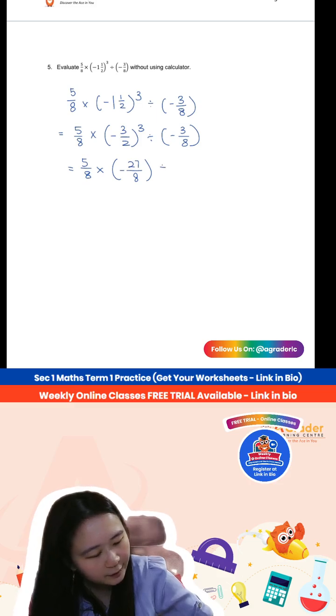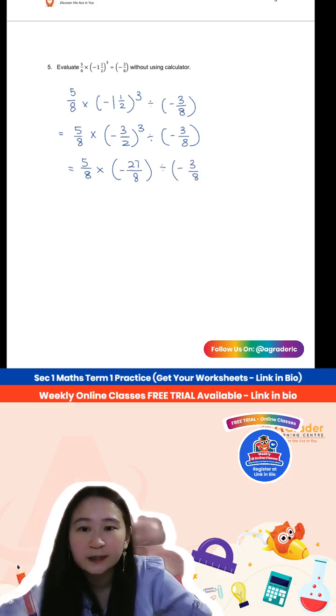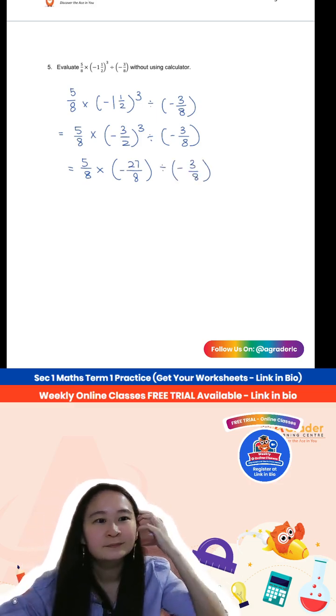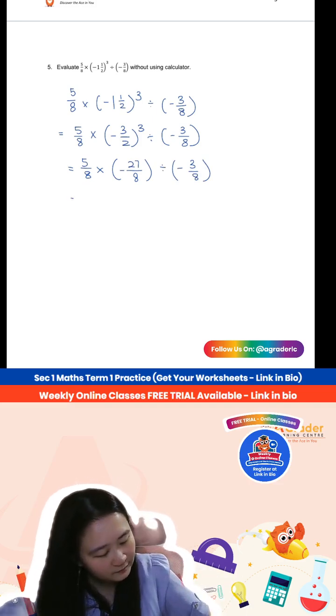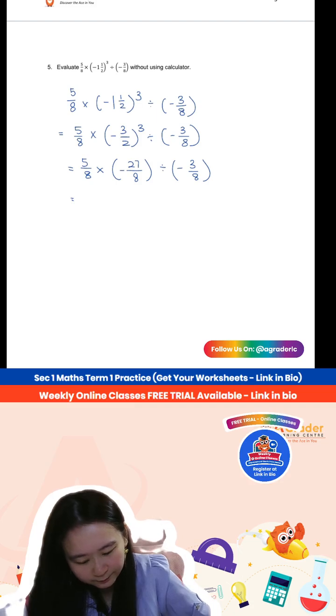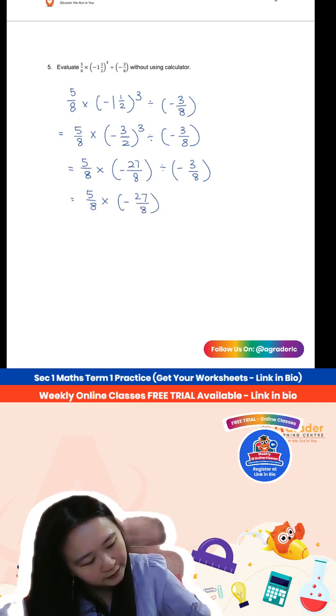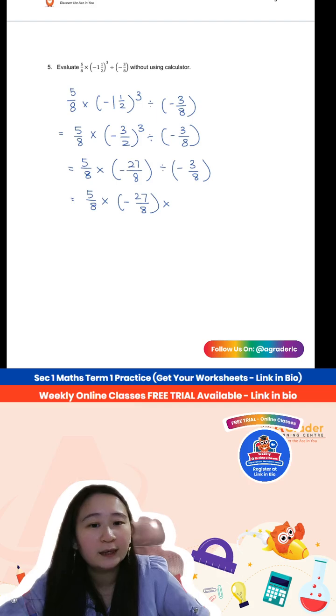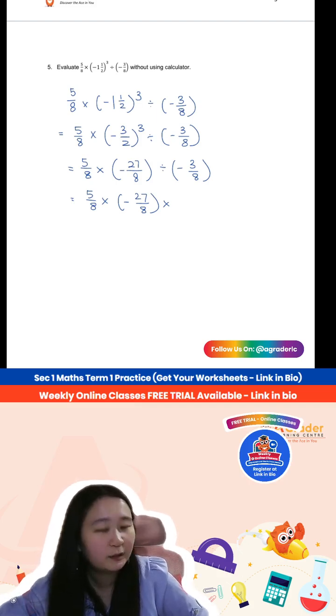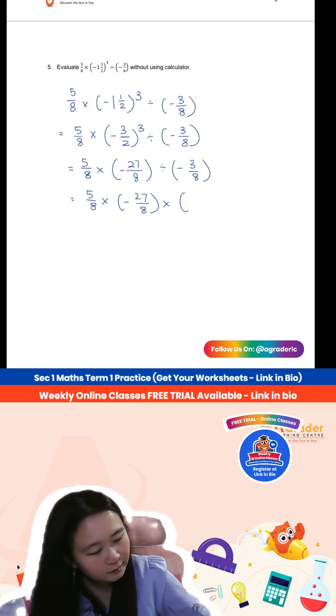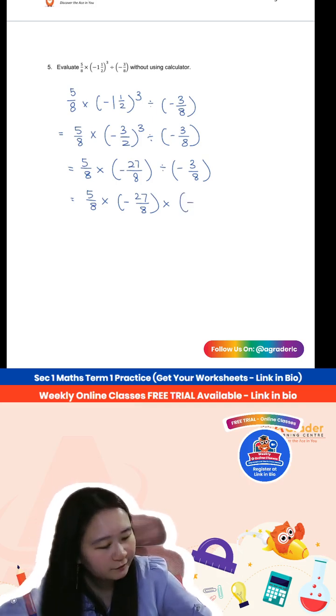Then divided by negative 3 over 8 equals 5 over 8 times negative 27 over 8. Now we keep the first fraction, change the sign, and flip the second fraction. We have negative 8 over 3.